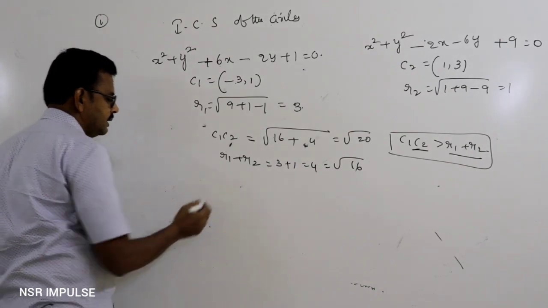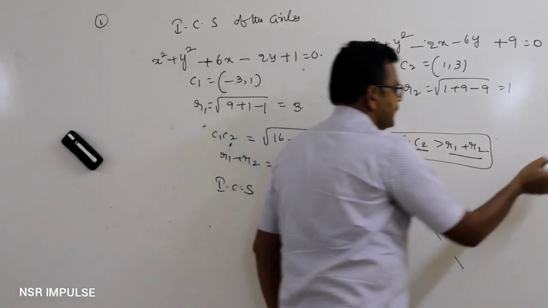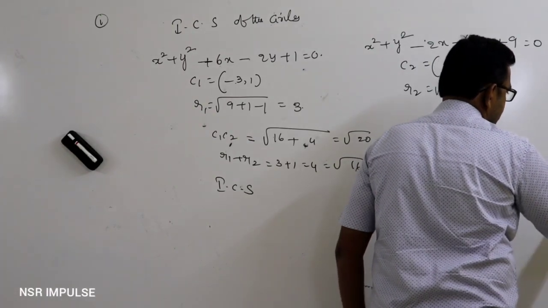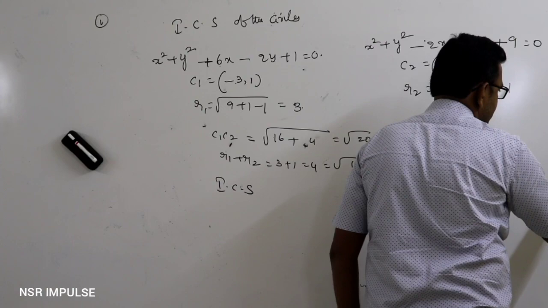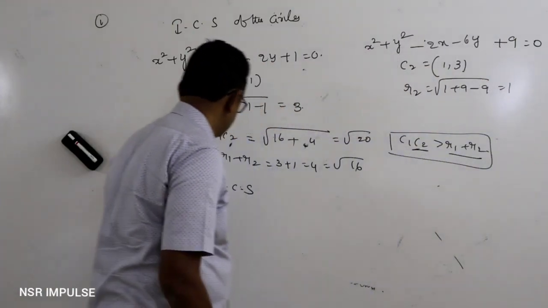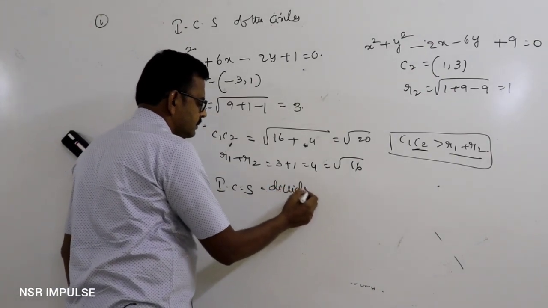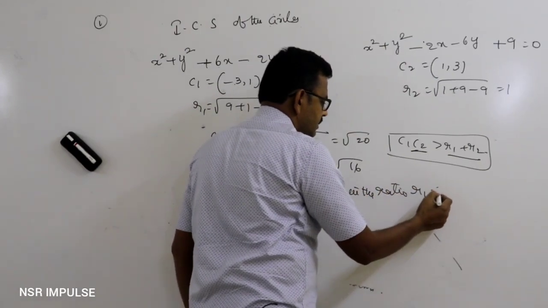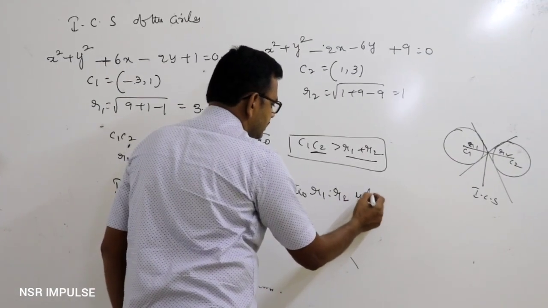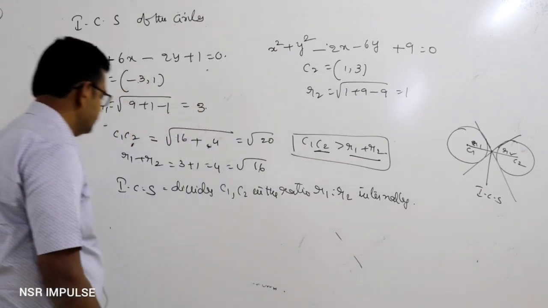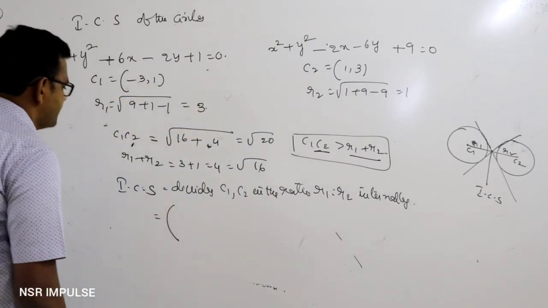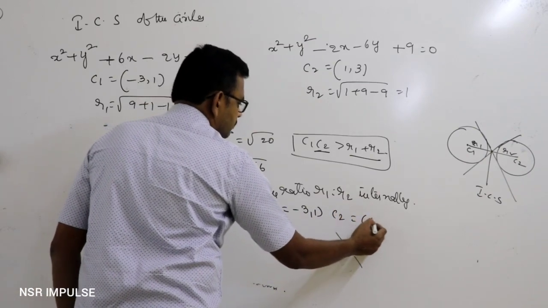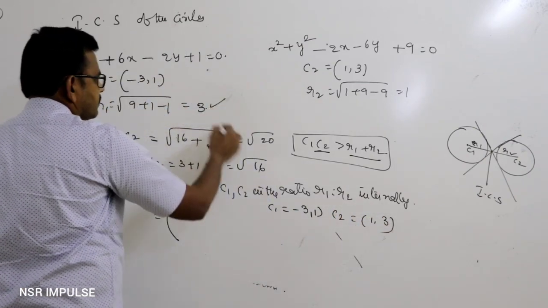So the internal center of similitude, this is ICS, divides C1C2 in the ratio R1 is to R2 internally, where C1 is (minus 3, 1) and C2 is (1, 3).